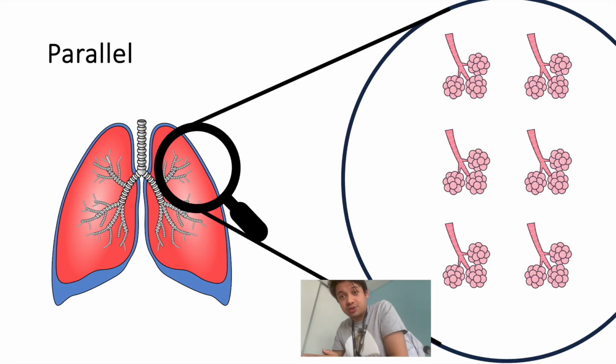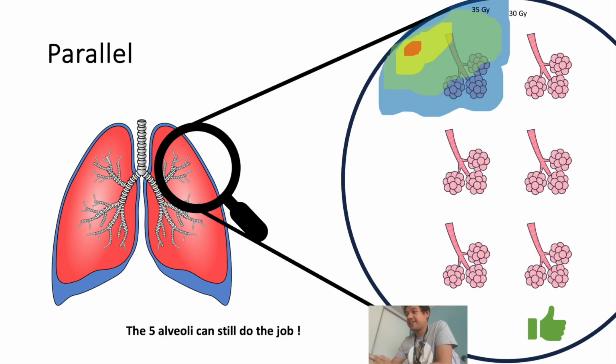Let's take a closer look inside the lungs. They are made up of many small functional units. Let's take the example of a treatment close to the lung, maybe inside the lung. You've got in blue the 30 gray isodose and in green the 35 gray isodose.